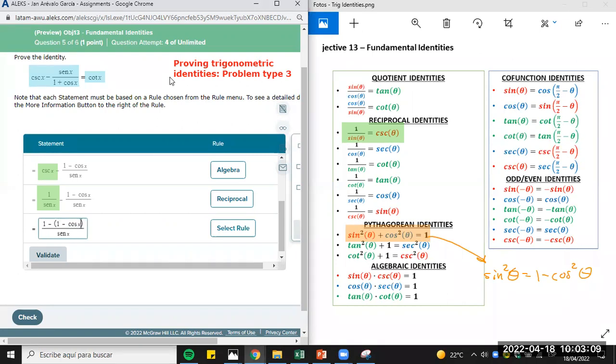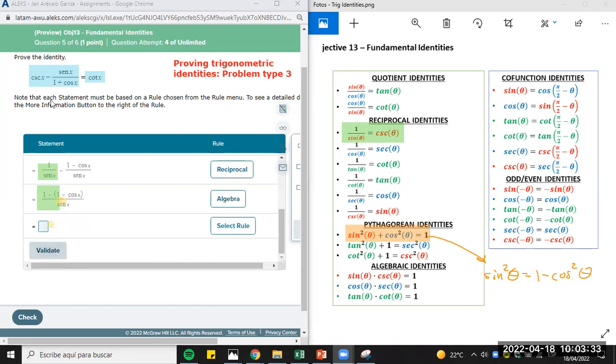I'm going to mark this negative sign because you have to be careful when doing these kind of things. And I'm going to select the rule that I did. That is an algebraic step, just putting together two fractions with the same denominator. And next, moving on.